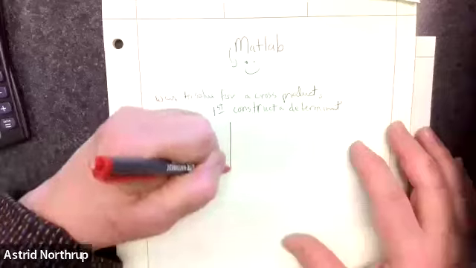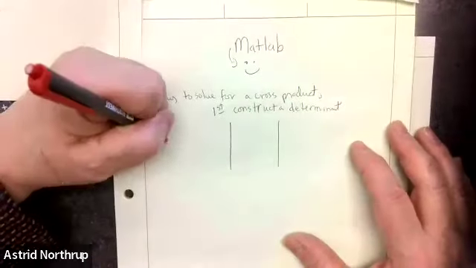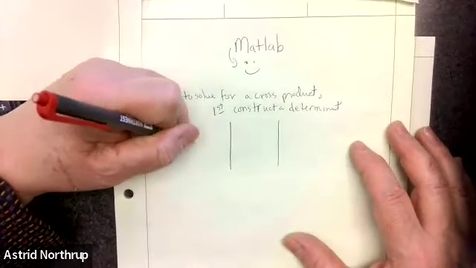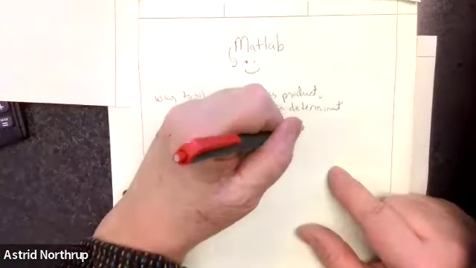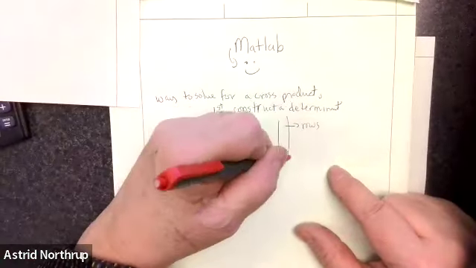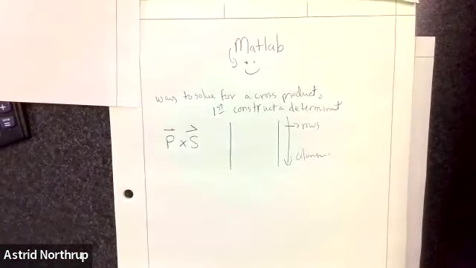Taking P and S, P crossed with S, it's an array of numbers that has a number of rows and a number of columns. Think about a building with columns: columns go up and down, columns are vertical, rows are horizontal.